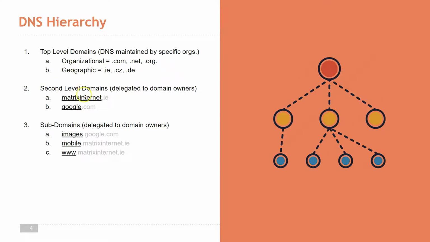The second-level domains, that's our responsibility, and the responsibility is delegated from these organizations to whoever is the provider, say Black Knight, who's hosting the DNS for Matrix Internet.ie, and Google, who's hosting the DNS for Google.com, right? And then, of course, we have subdomains, which is the same thing. You can have as many subdomains as you want. You can have whatever.google.com. So that's basically the hierarchy.